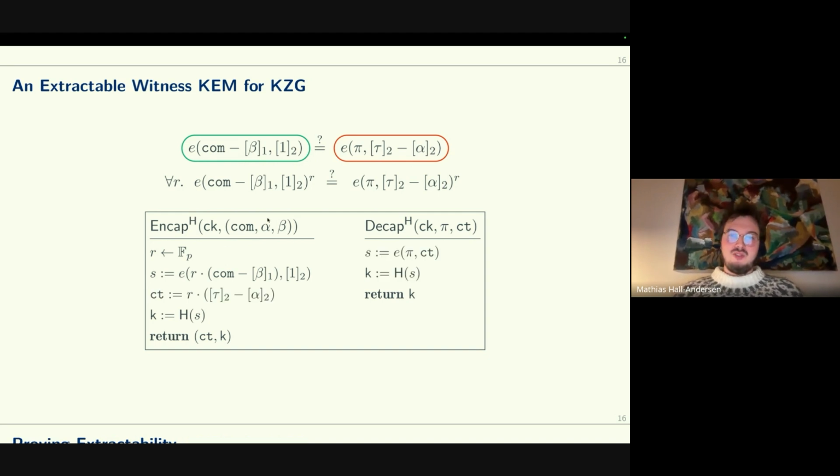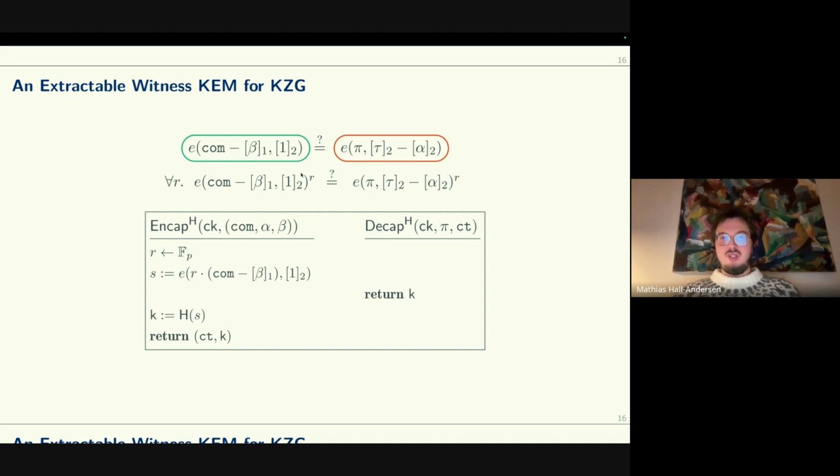But in order for you to compute this side of the equation, given that you have some pi, I need to give you some information about R. So what am I going to give you? Well, if I give you this thing to R, you can just pair this with your pi, and then you will recover this side.